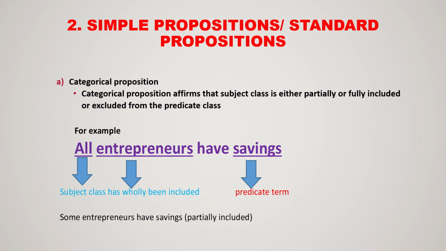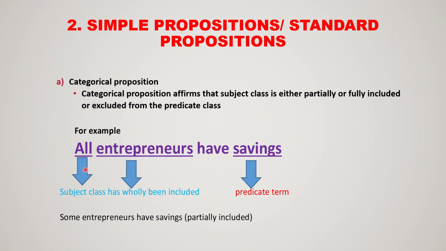The simple proposition is also referred to as the standard proposition, also the categorical proposition. These propositions affirm that the subject class is either partially or fully included or excluded from the predicate class. Those terms might sound difficult, but all they mean is that the subject is either included in the predicate or not included, or partially included or fully excluded.